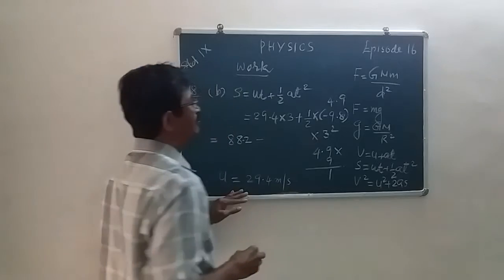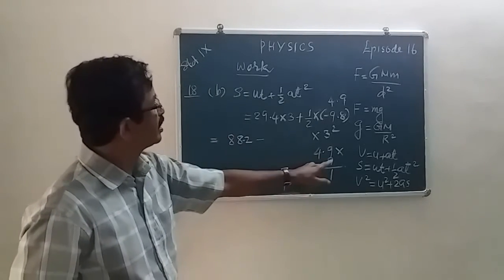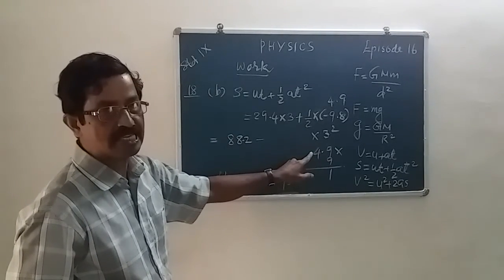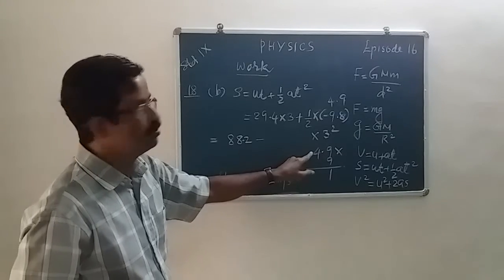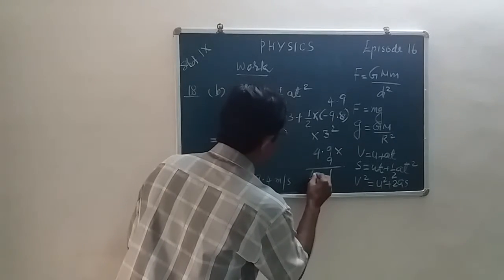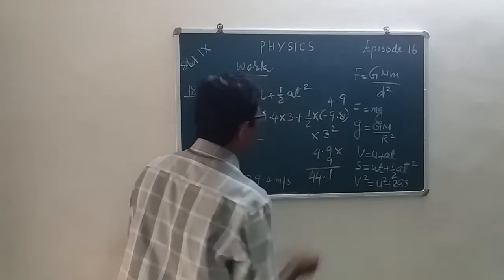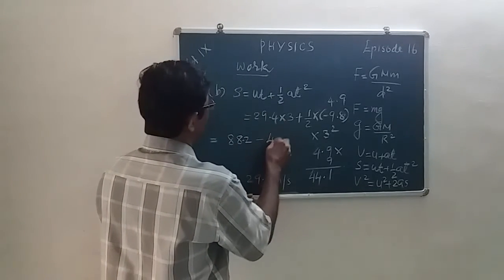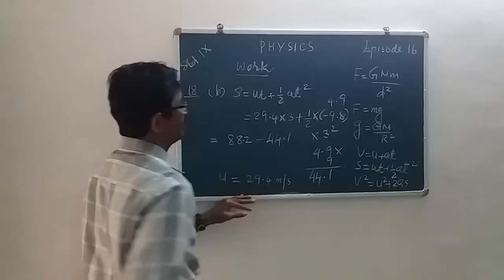Balance 8. 9 times 3 is 27, 27 plus 8 is 35... we get 441, put the decimal, 44.1.